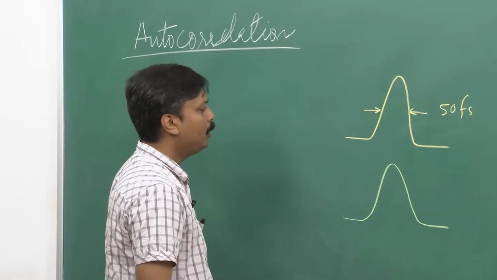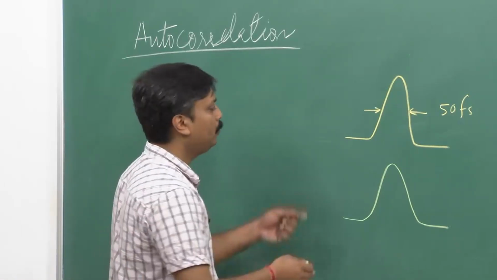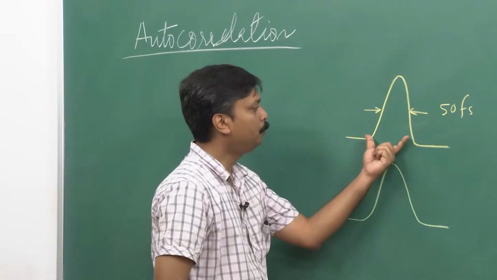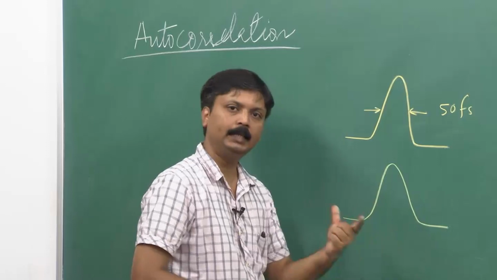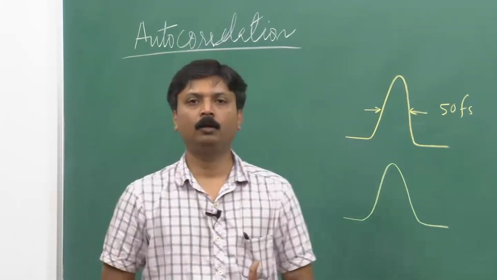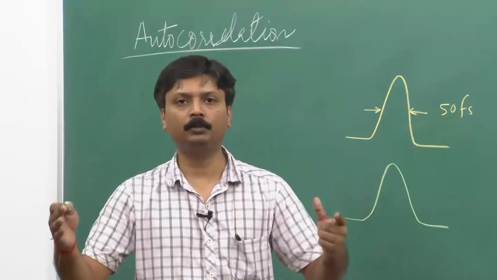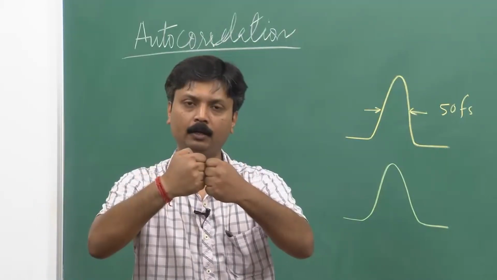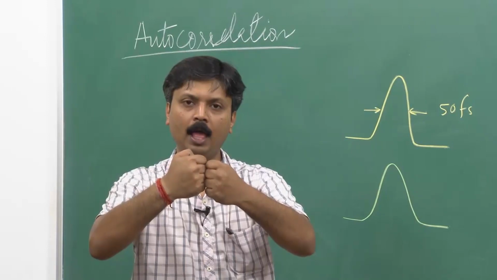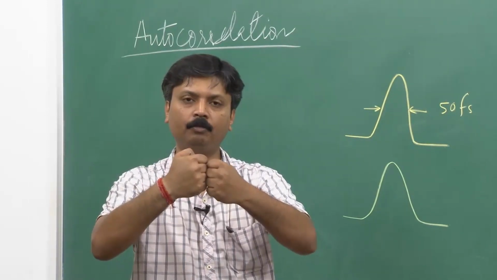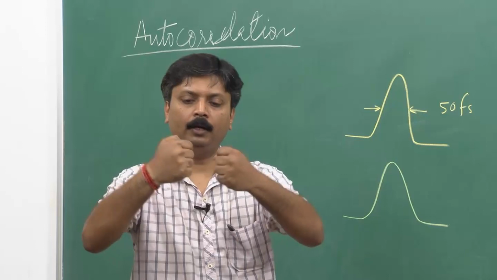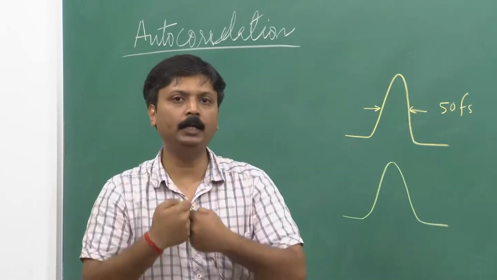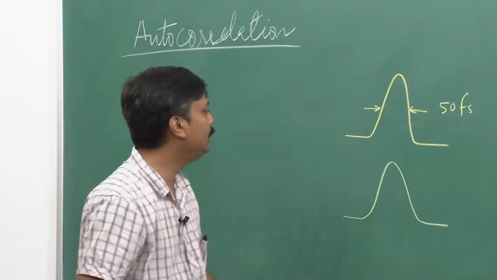So if I can put two pulses from the same laser on two different arms somehow and allow them to interact in a nonlinear medium as a function of their time delay. Okay. The matter will be clear if I can give a schematic.